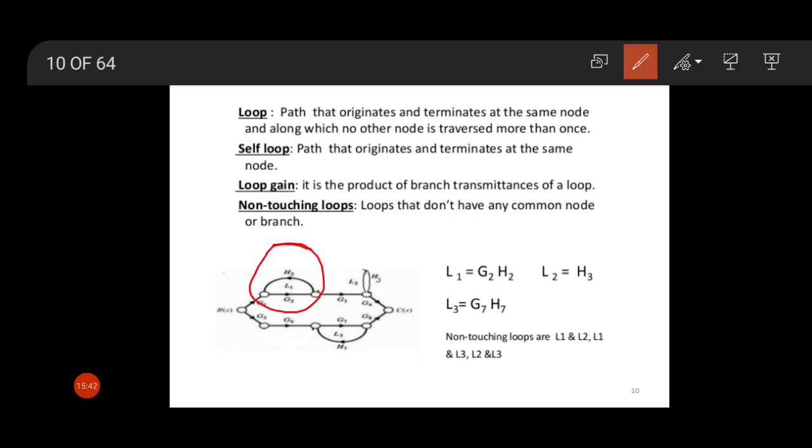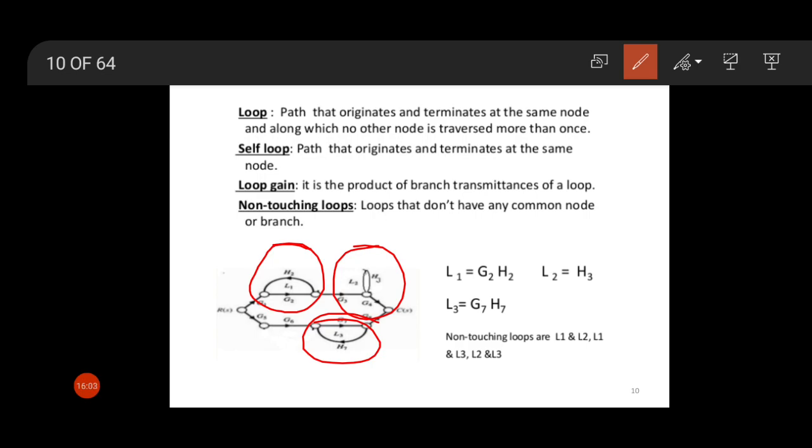One is this, and the last one is this. The loops are indicated by L1, L2 and L3. There are 3 loops, that's why they are named L1, L2 and L3.